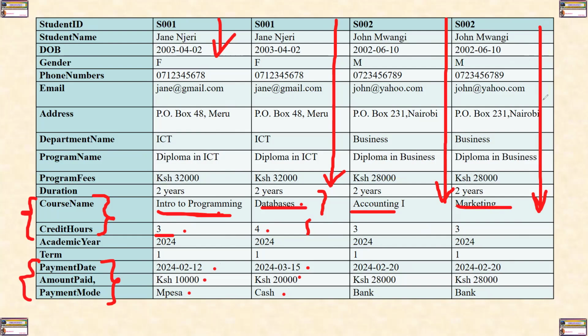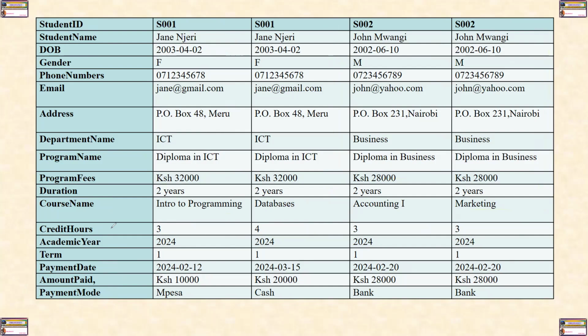So John Mwangi now has 2 records, and Jane Jerry also has 2 records, with a lot of information being similar. When we look at the academic year, it is 2024. Now, the term has not changed.